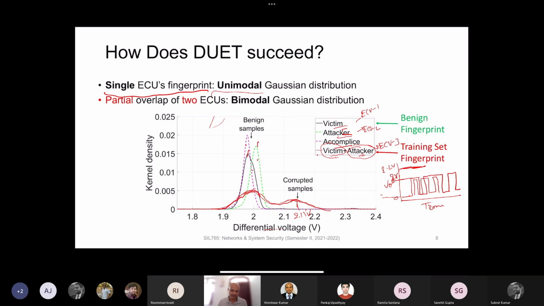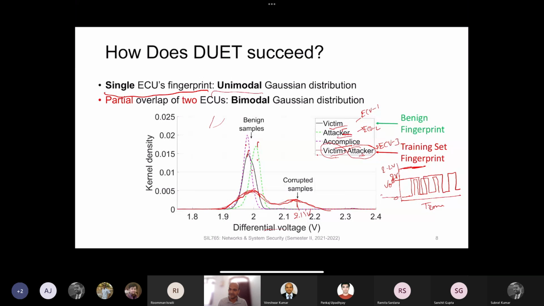Shifting is just another way of saying it, but we are not trying to shift it towards something; we are just trying to change it to something else. The victim's benign fingerprint is getting changed into a different fingerprint.